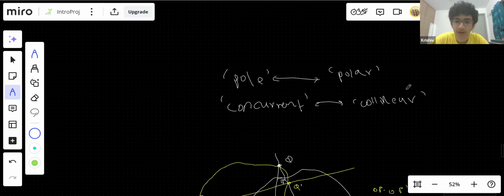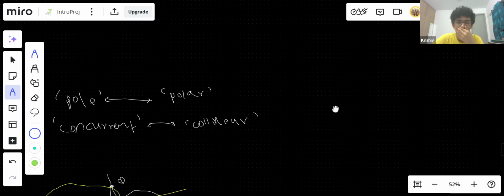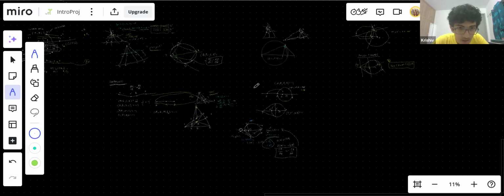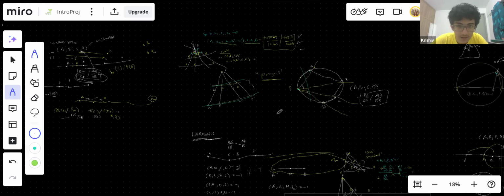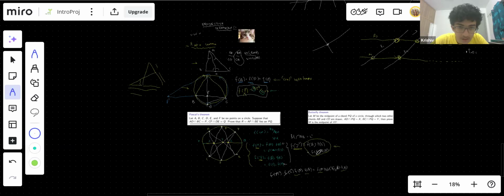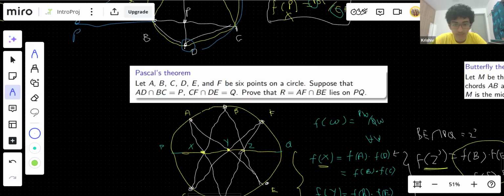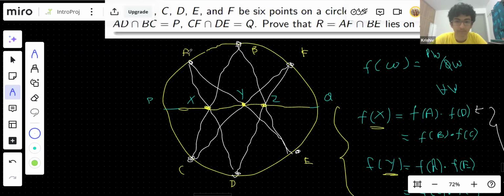This is just a vague concept right now. What am I trying to say basically? I'll copy the diagram from Pascal's theorem. This diagram.